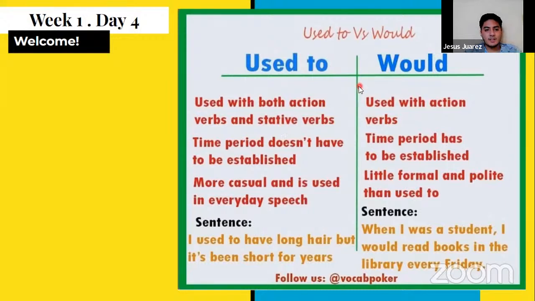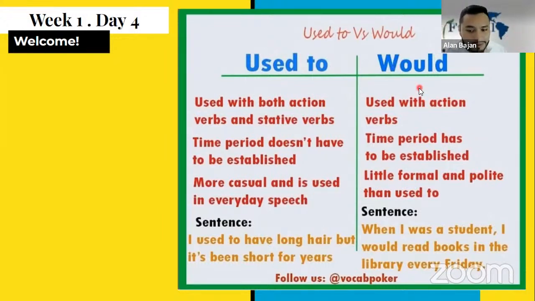Time period doesn't have to be established. More casual and is used in everyday speech. The example: "I used to have long hair, but it's been short for years." Very good. Used to is for everything. You don't need to worry about it, right?